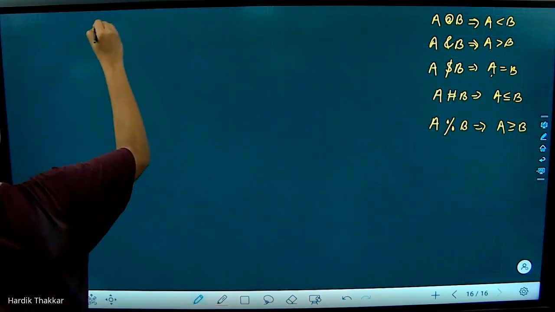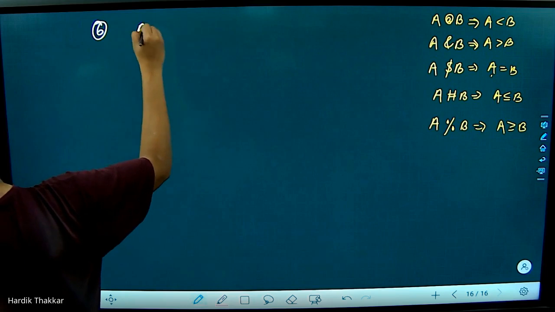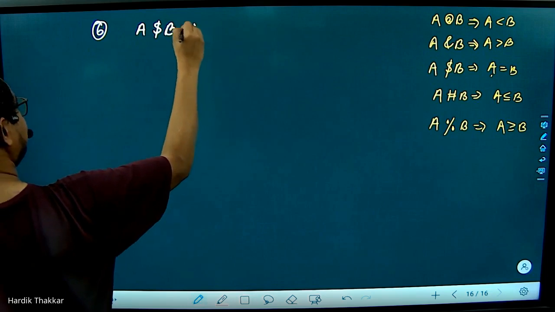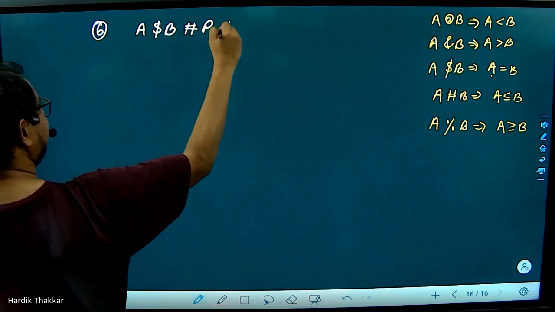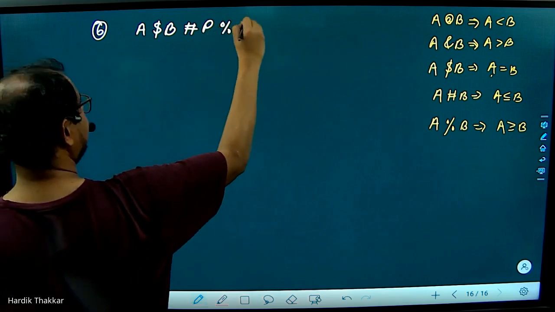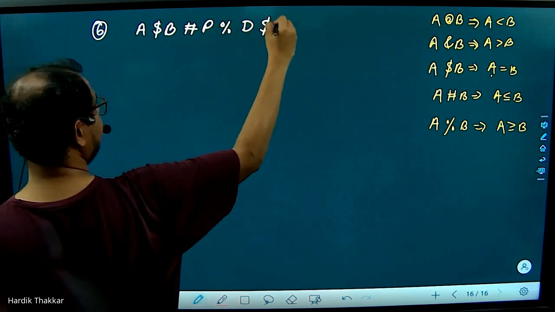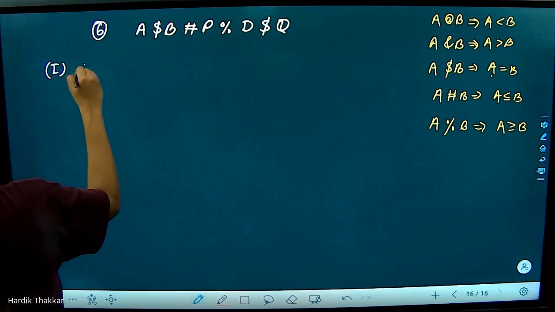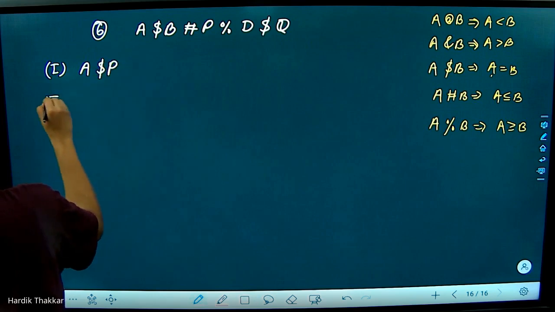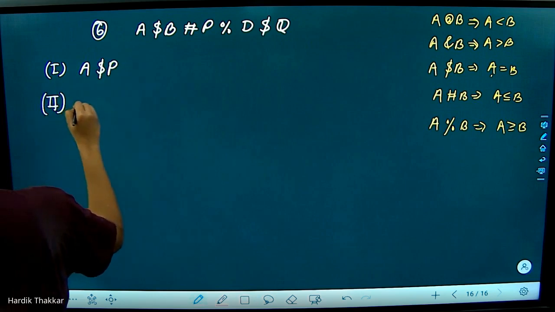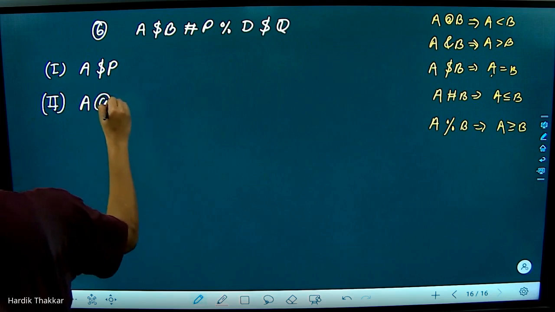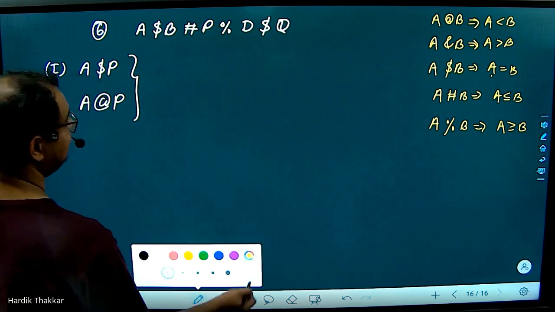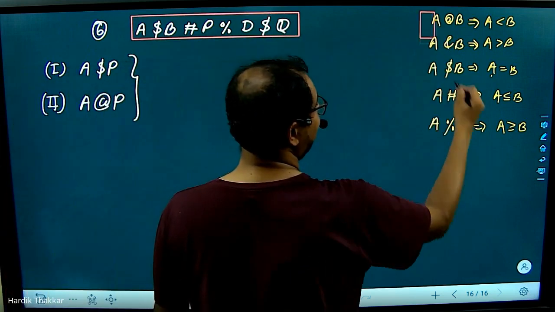The question number 6 statement is A dollar B hash P percentage D dollar Q. The conclusions are: first, A dollar P, and the second, A at the rate P. First we will change this statement as per the coding given to us.